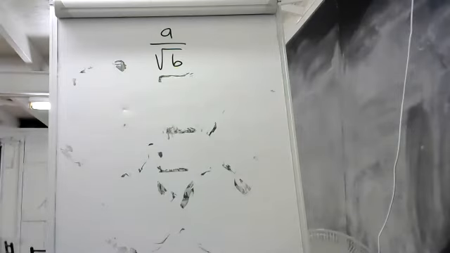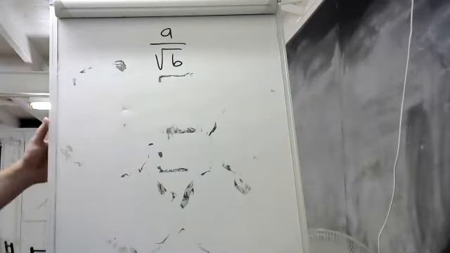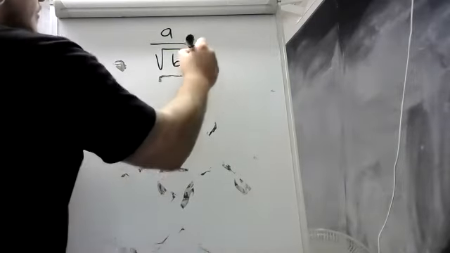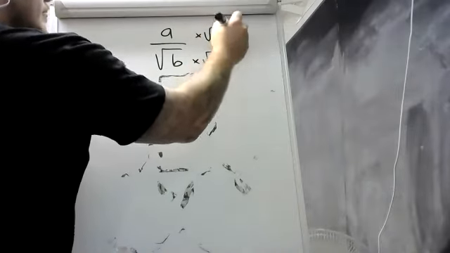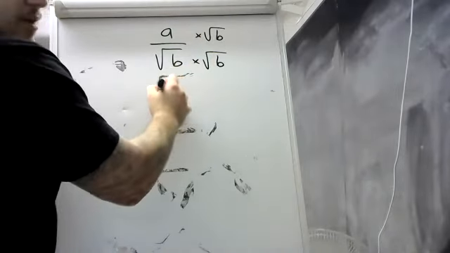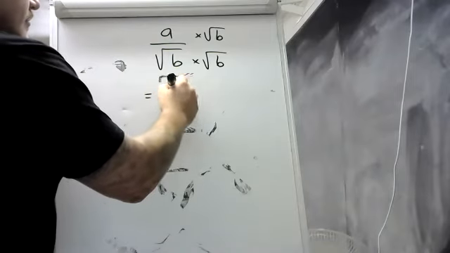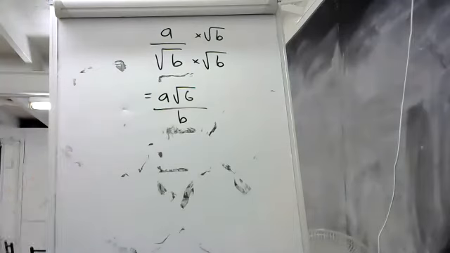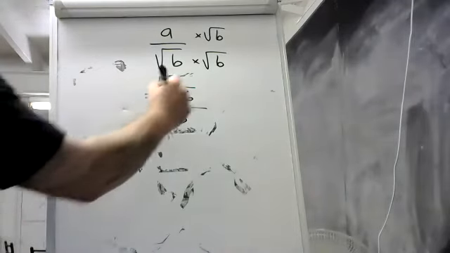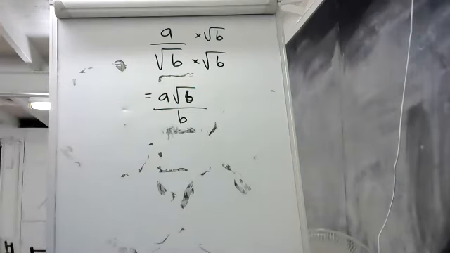So will we not just times numerator and denominator by square root of b? Yeah. Which gives us a times the square root of b divided by b.